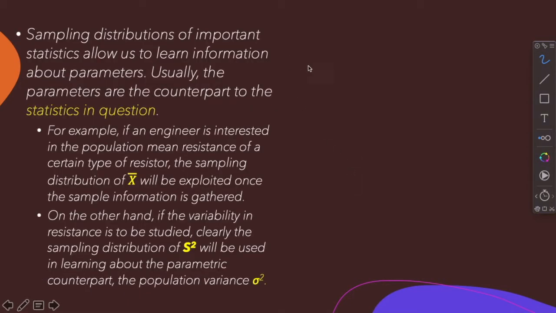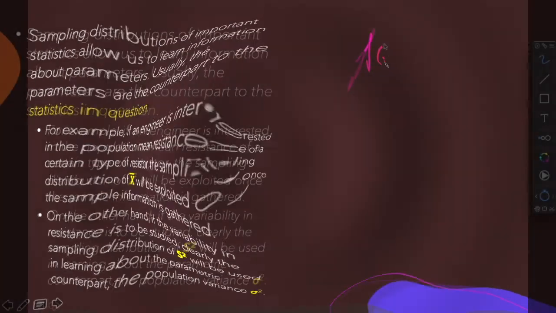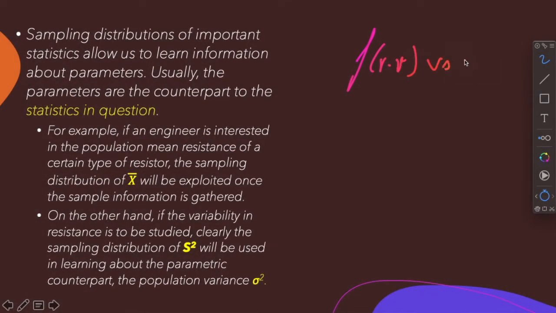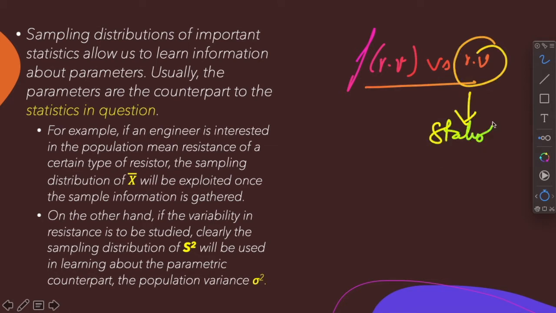As we know, a distribution is nothing but the relationship of a random variable with respect to the probability of the random variable. This random variable is what we call a statistic, and the statistic makes a distribution. So this relation is a distribution and this random variable is a statistic.